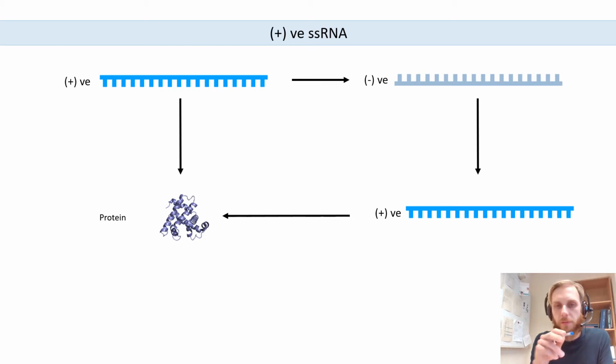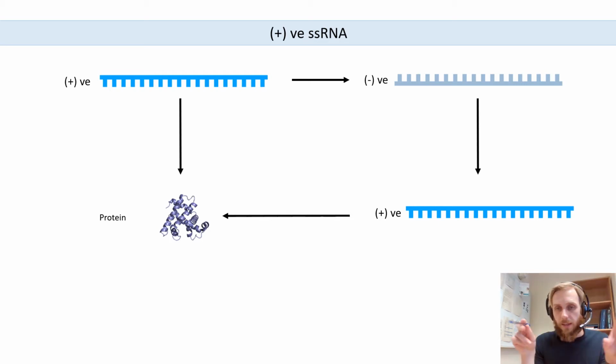And this is what we see happening on the right-hand side of the diagram. So we go from a positive sense single-stranded RNA to a negative sense single-stranded RNA, and then we go down to another positive sense single-stranded RNA, and this positive sense single-stranded RNA is then translated into protein.